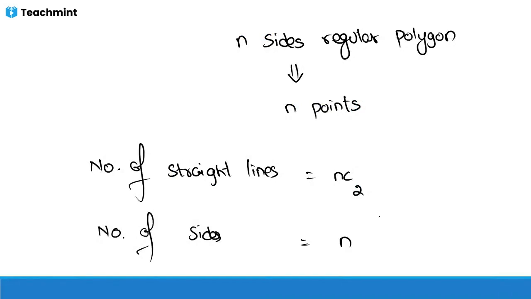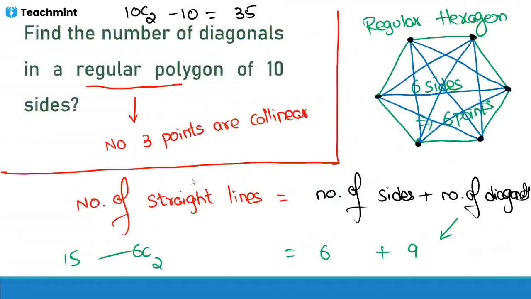So subtracting these two will give the number of diagonals. The straight lines in a polygon are sides plus diagonals. Is that clear, my dear? That's what I mentioned in detail. Straight lines in any polygon is sides plus diagonals. If you want diagonals, calculate the number of straight lines, which is nC2, and remove the number of sides, n.